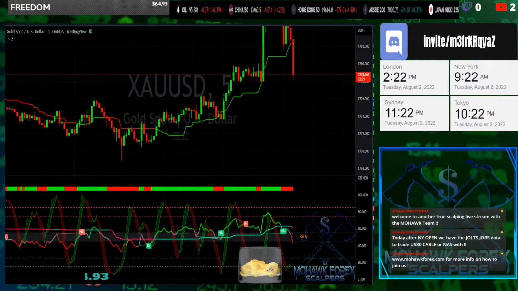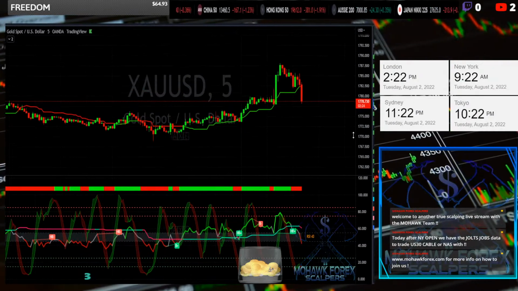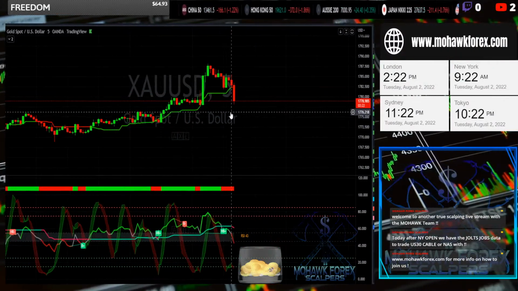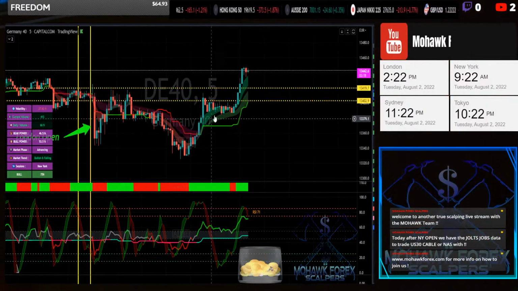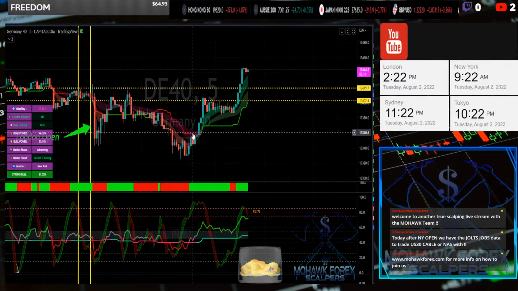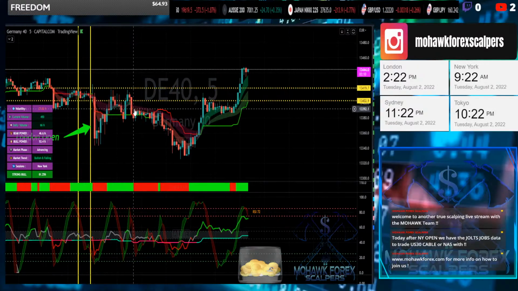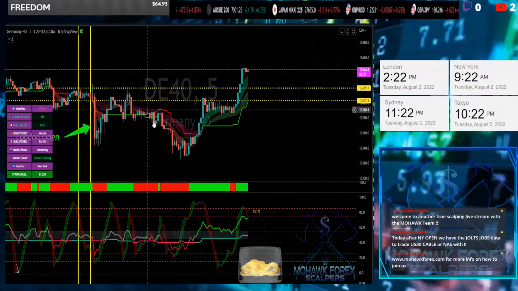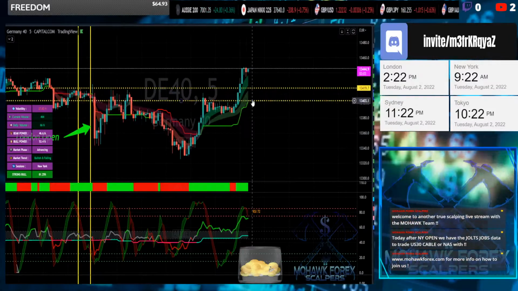Gold is thrown into the mix as well, and we had some nice wins on DAX earlier on, a lovely breakout on the open, selling off our breakout zone.